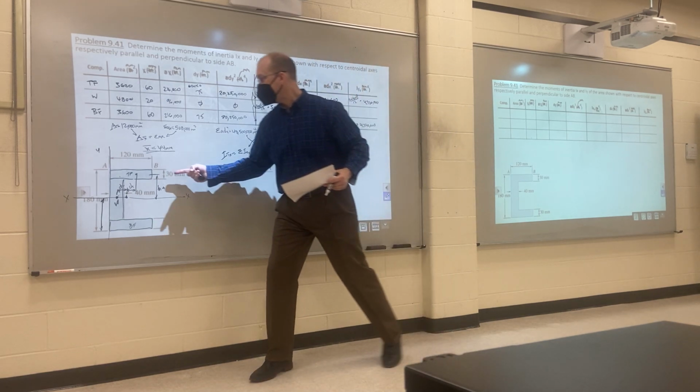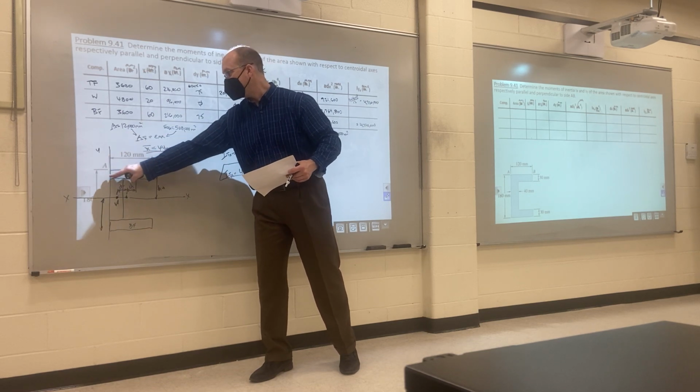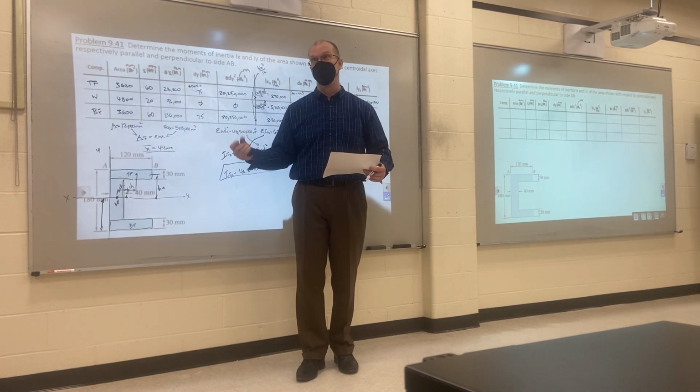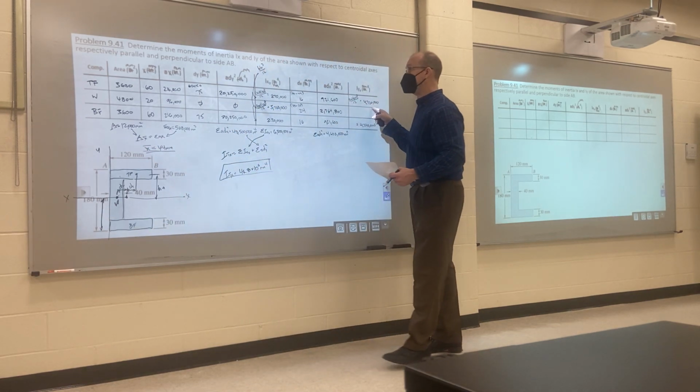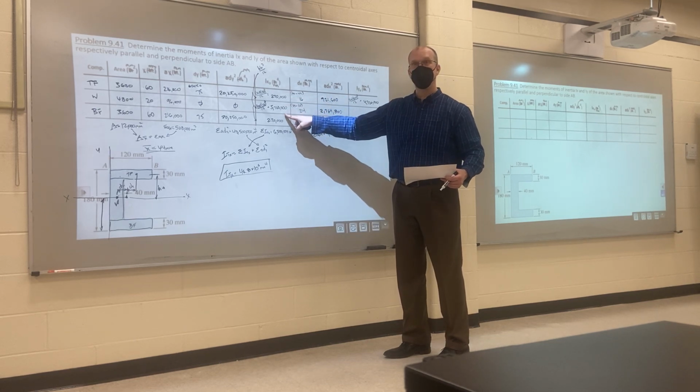Because it's way stiffer when I'm pressing on it that way as opposed to when I'm pressing on it this way. It's geometry with respect to its own centroidal axis. Its area is further away from it, right? So I would expect that to be significantly bigger, which it is. And this one's going to be significantly smaller.